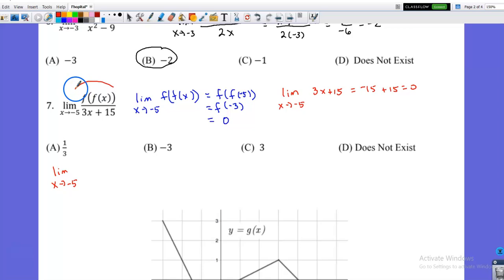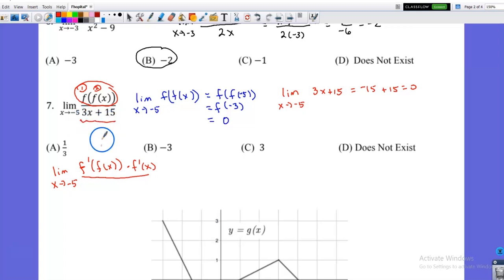I'm finding the derivative of f of f of x. So this is my outside, this is my inside. I'm going to start with the derivative of the outside f. So that gives me f prime, leave the inside alone, times the derivative of the inside. And since the inside is f of x, the derivative of that would be f prime of x.